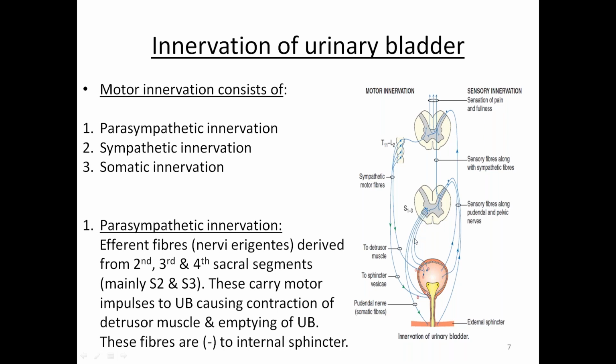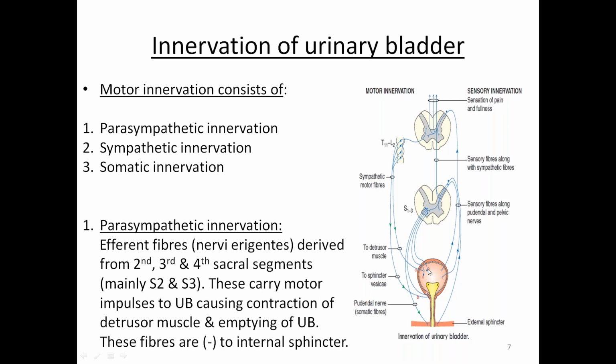These carry the motor impulses to the bladder, causing contraction of the detrusor muscle and emptying of the bladder. In this diagram, it's given very small, but there's a plus sign here, which means that they are stimulatory to the detrusor muscle, causing contraction and therefore emptying of the bladder.